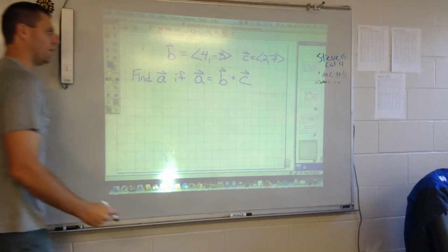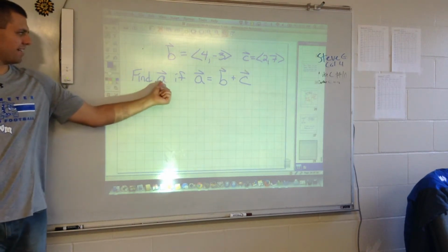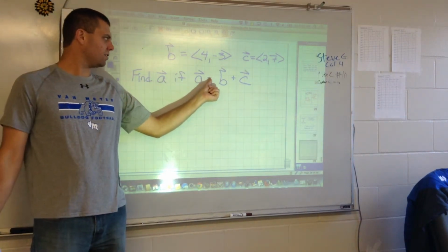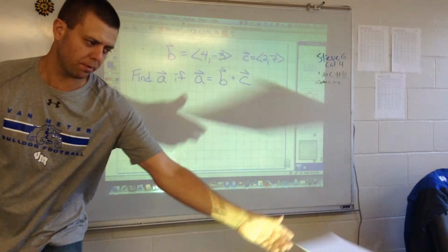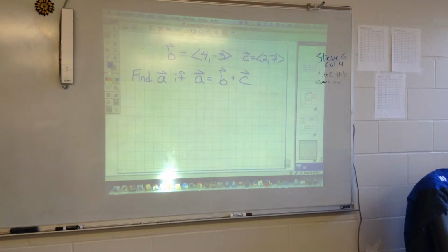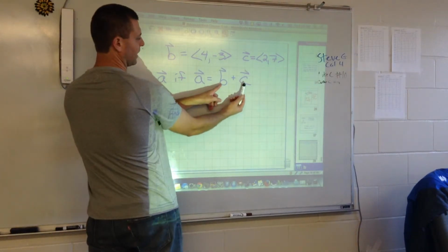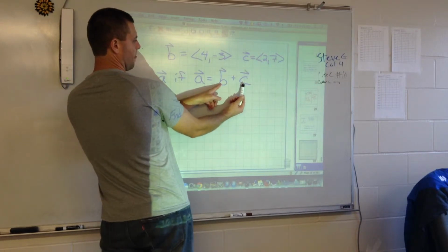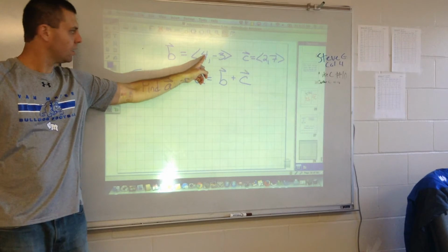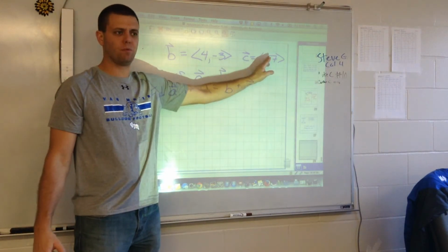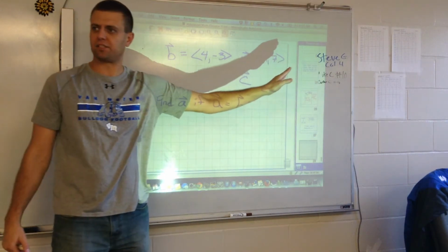We essentially have already done this one. But find vector A if vector A is equal to vector B plus vector C. It is as simple as you think. So 6, 4. If you're going to add the two vectors together, this vector is saying you're going 4 units in the x direction, but you're adding this vector to it, which is going 2 units in the x direction.